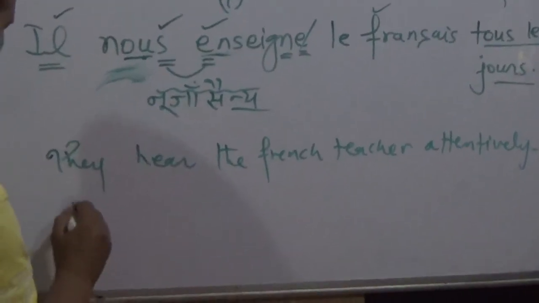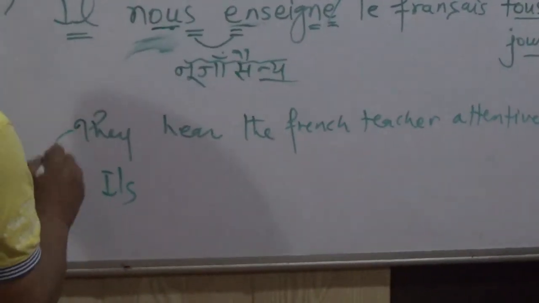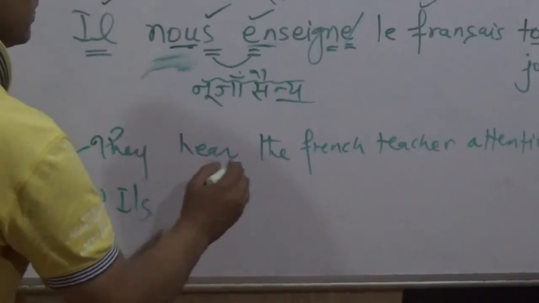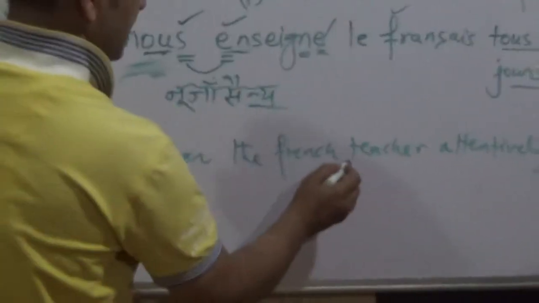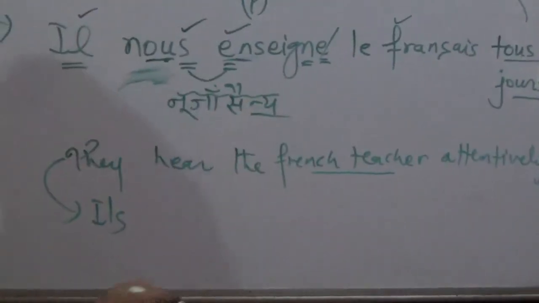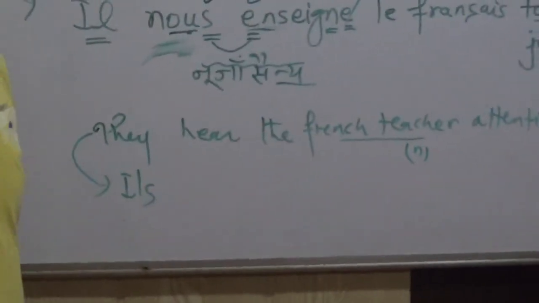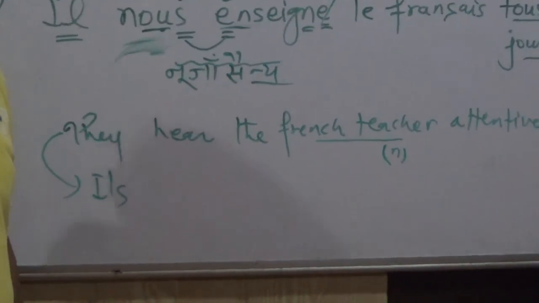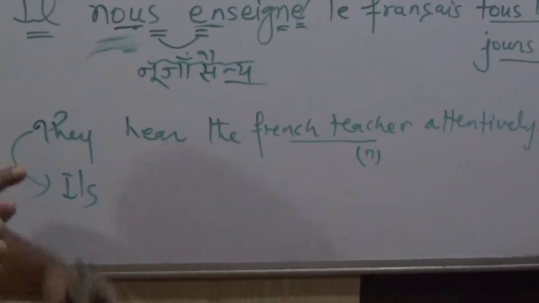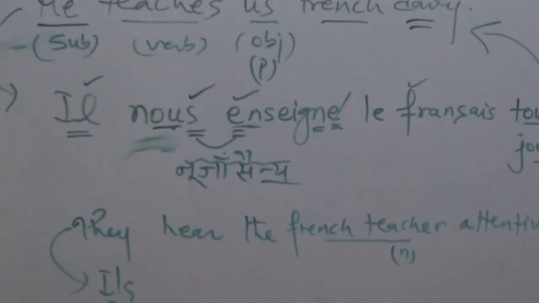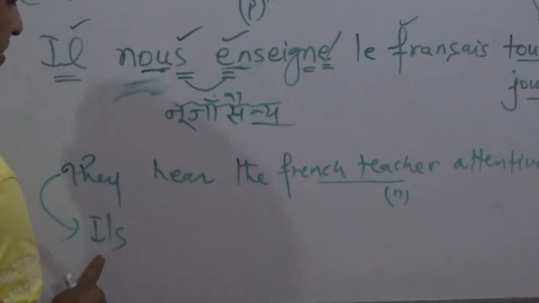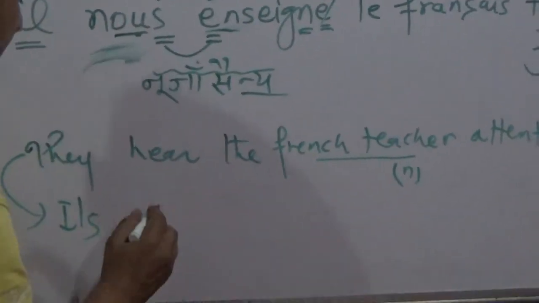So what is they? Il, and then they hear the French teacher. Here, French teacher, this is the object, and teacher is a noun. So the object is a noun. When the object is a noun, it follows the English pattern. So what is the English pattern? Subject and then verb.